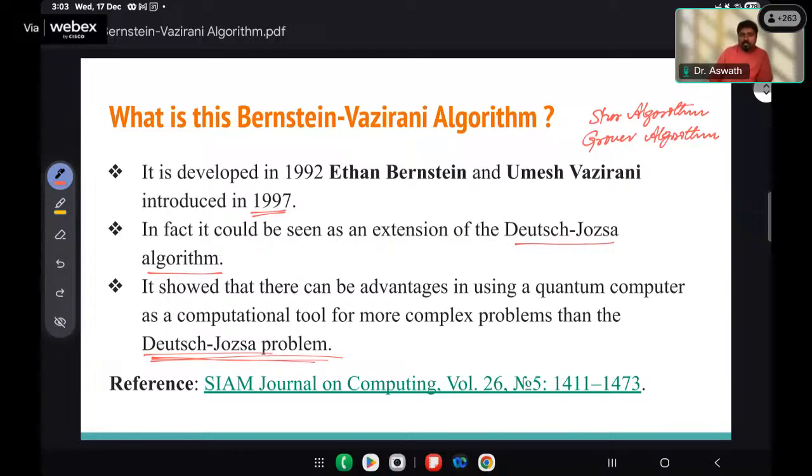Somebody was asking earlier about the real world applications of Deutsch and Deutsch-Jozsa algorithms. You can think that this would be a starting point. I have given a reference for you. If somebody wants to know, they can check the details. Okay, let's go further.